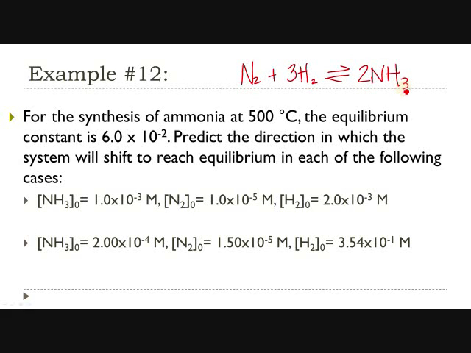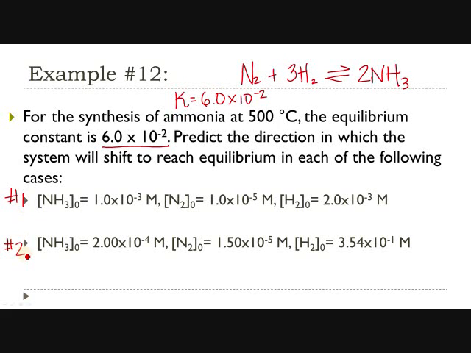Okay, so they're saying at 500 degrees Celsius, the equilibrium constant is 6.0 times 10 to the negative 2. So at equilibrium, K is 6.0 times 10 to the negative 2. We want to predict the direction in which the system will have to shift to go back to equilibrium in each of these cases. So in your note packet, I separated them. They're not so separated here, but this would be the first case and this would be the second case.